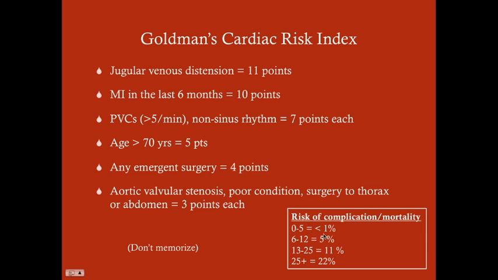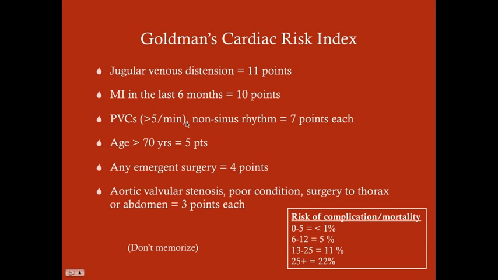0 to 5 points would be less than 1%, 6 to 12 points would be 5%, 13 to 25 points would be 11%, and 25 points or more is 22%. So already there, if you have congestive heart failure and it's not treated, you already have a risk of complications and mortality of up to almost 5%.